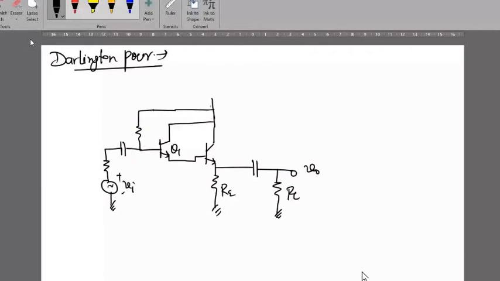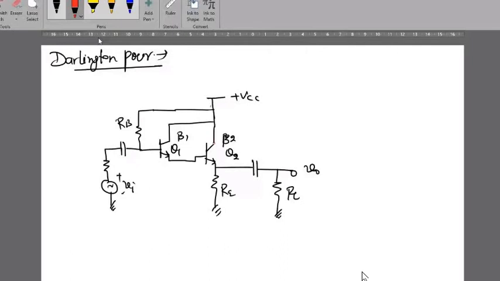If the gain of this transistor is beta 1 and of this one is beta 2, and this is supply plus VCC, this is resistance RB.